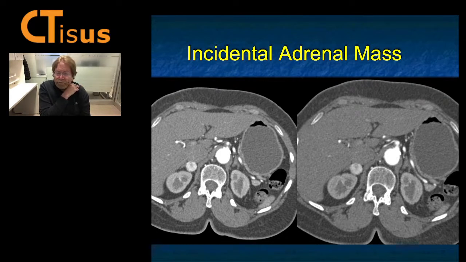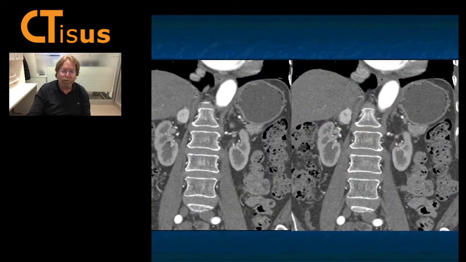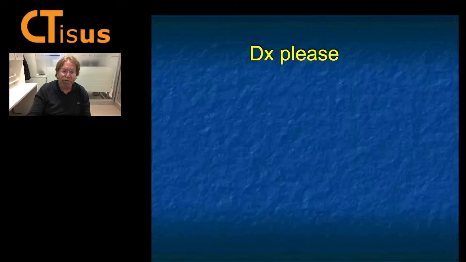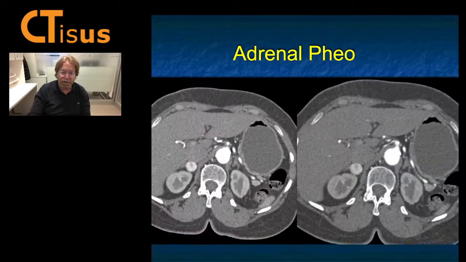That's a pheo. The only other thing it could be is metastasis, maybe from a clear cell renal cell carcinoma. They occasionally can be very vascular, but the kidneys look good here based on what you see. And this was simply a pheochromocytoma. Just a really, really nice example, very vascular, classic pheo.